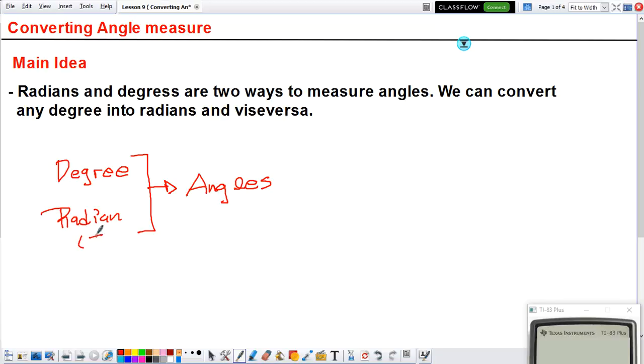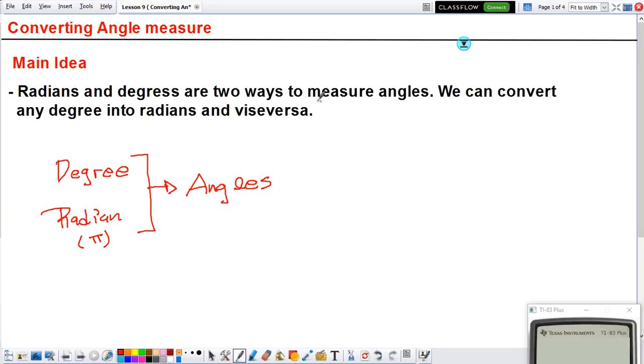Radians are usually expressed in terms of pi's, and degrees are the kind of angles that you have seen in your geometry classes and in previous materials. Now, there is a way for us to go between those two measurements. The main idea for today is that radians and degrees are two ways to measure angles.